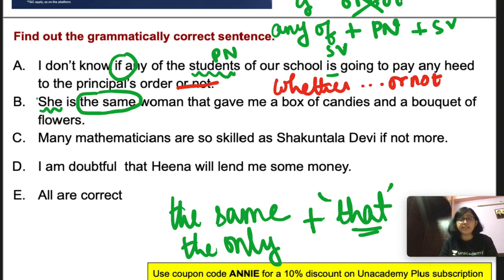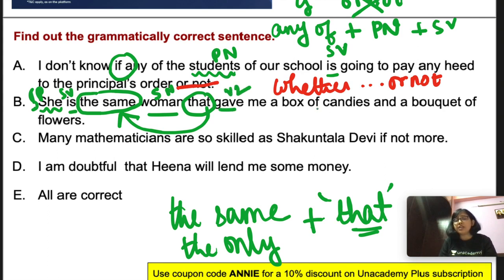"She" is a singular pronoun, "is" is a singular verb, and "the same woman" is a singular noun, correct? Why has "that" been used? Because of "the same." That gave me, V2, gave me a box of candies and a bouquet of flowers. So this sentence is correct.